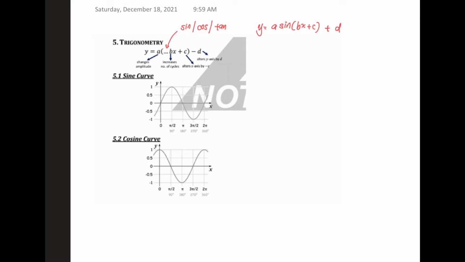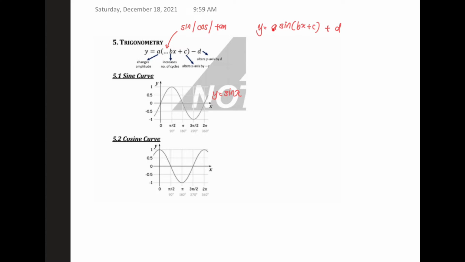Okay, so let's see the a over there. What they say is a is the changes in amplitude. So for example, you have the sine graph. The basic sine graph is just y equals sine x. Now we have a number in front, in general I call it a.